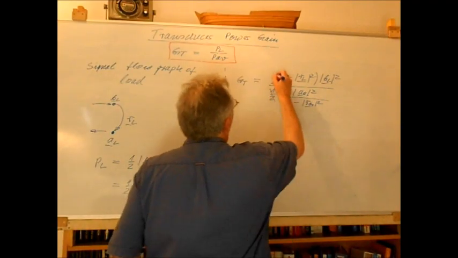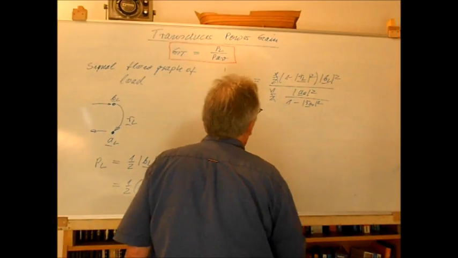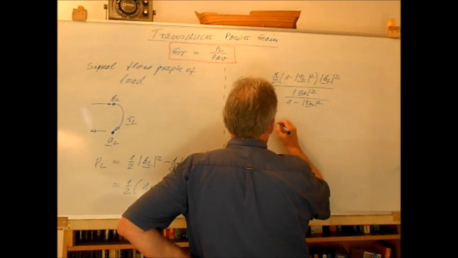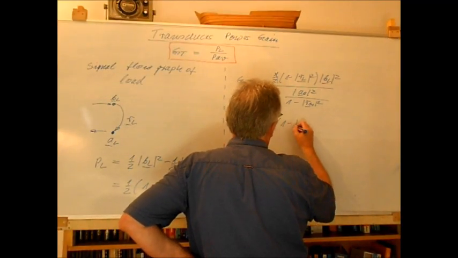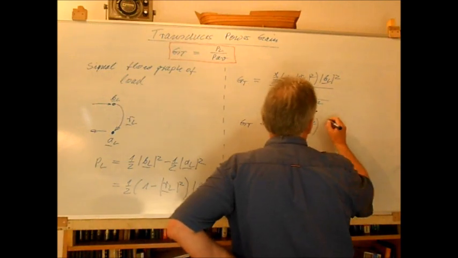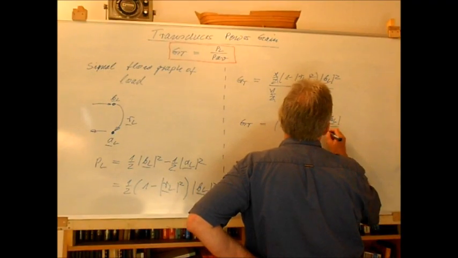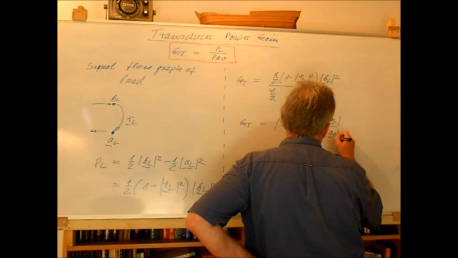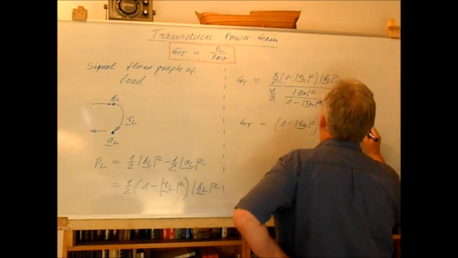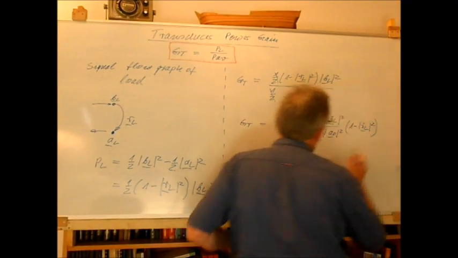Of course the 1/2 will cancel and we will get for the transducer power gain, it will be equal to 1 minus RG absolute value square times BL over A naught absolute value square times 1 minus RL absolute value square.